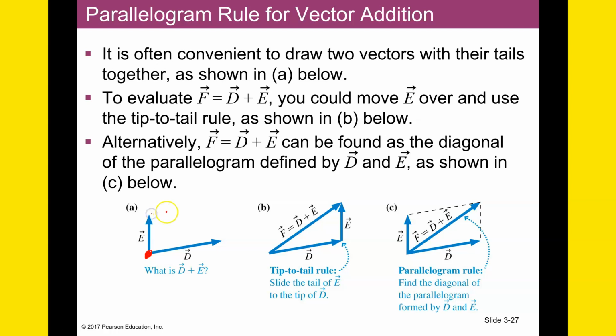You're just making it into a parallelogram, as these are the two sides, two adjacent sides, of a parallelogram. And so the resultant vector would start at the one corner of the parallelogram where we started and end up in the opposite corner of the parallelogram that we just finished.